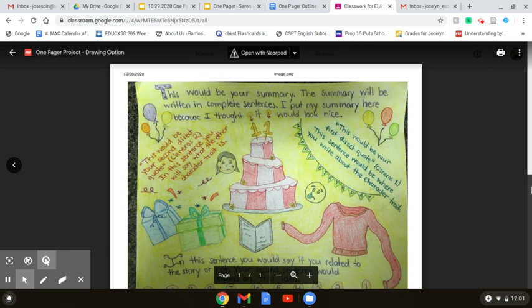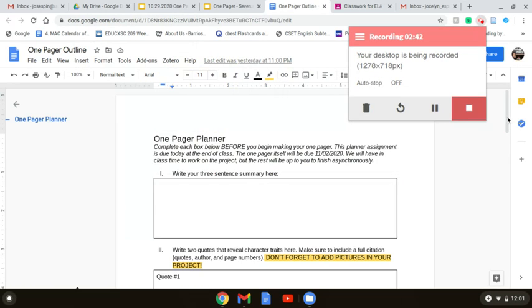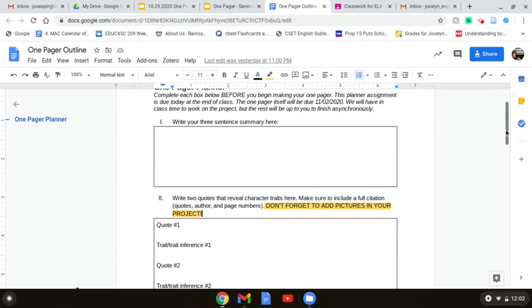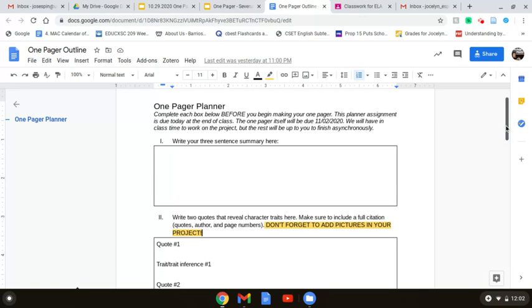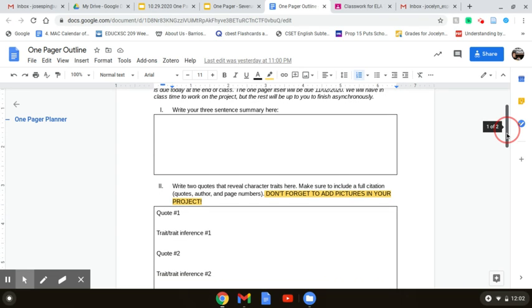Here we see a drawn version of some pictures from "Eleven." We see the quotes on the side, we see the summary, and we see how this person related to the story "Eleven." To help you get started, you also have the option to work on a planner, and you have sentence frames to work on from the instructions page.